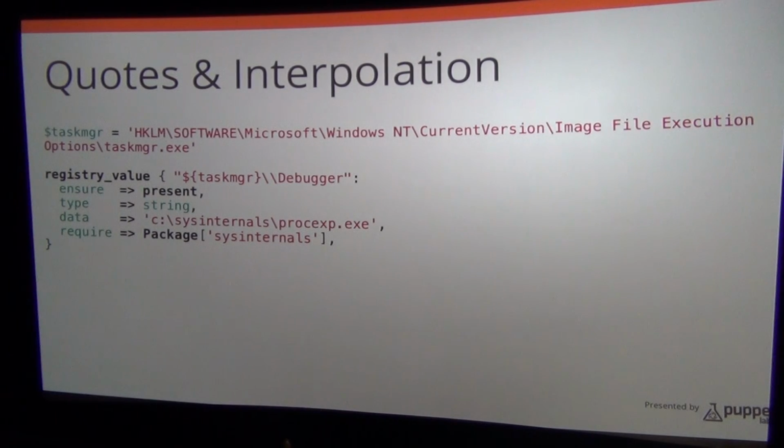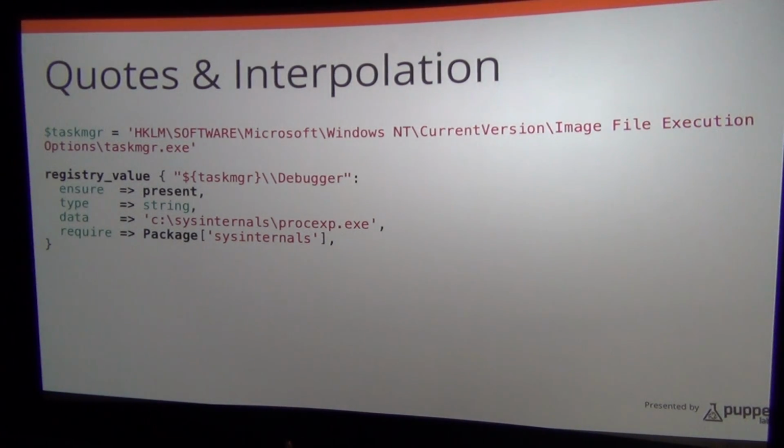One of the things that people almost always run into is quotes and interpolation. This is a registry value resource taken from the previous slide. Let's say you want to replace the task manager with Process Explorer. That's a registry value that you have to change. The basic rule is, in Puppet, in Windows code, you want to use single quotes. And in single quotes, you can use single backslashes like that. Actually, the registry is a little funny.